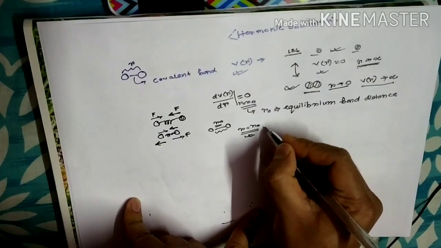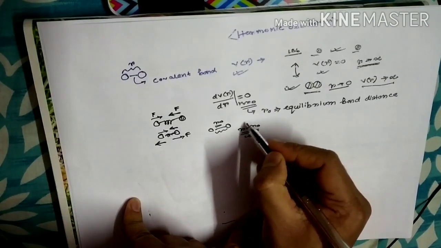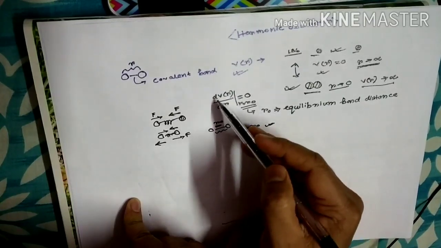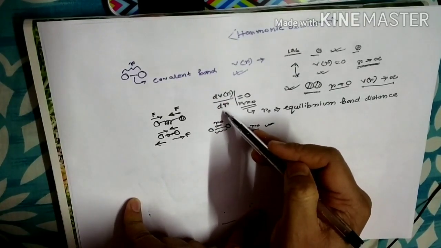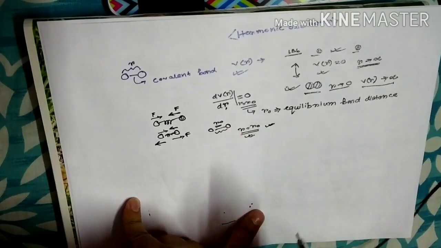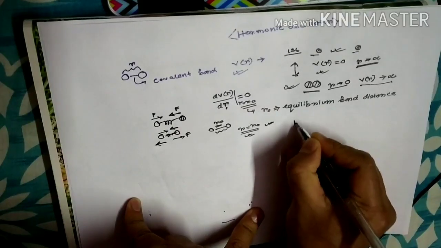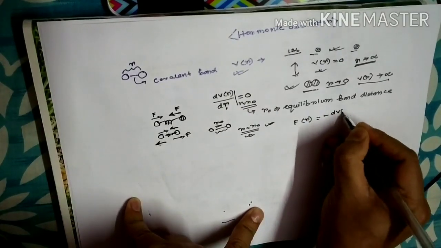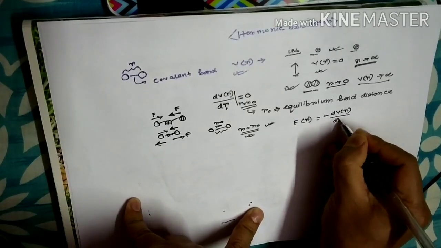That's why we obtain the minimum potential energy at this point, and why the first derivative of the potential energy with respect to the bond distance is equal to 0 at that position. Now the force, F(r), is equal to minus dV/dr.